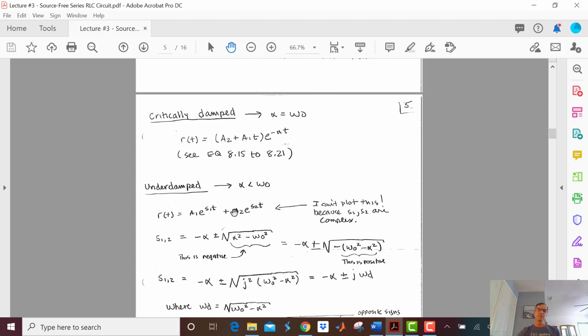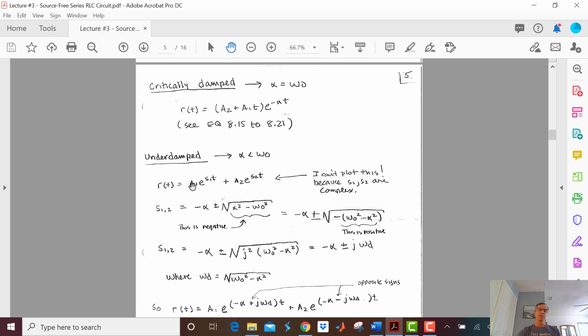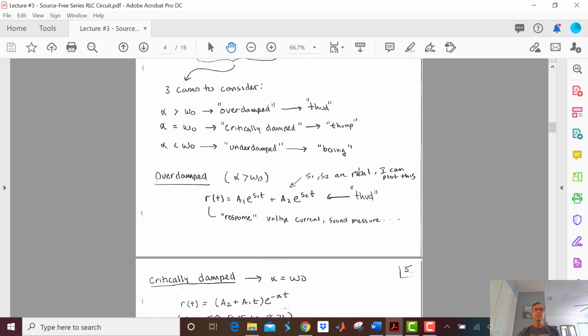In this case, we know that R of t is equal to A1 e to the s1 t plus A2 e to the s2 t, because that's what we started off with a few pages above, where we said this is the form of our responses. But I can't plot this because s1 and s2 are complex. Why are they complex?